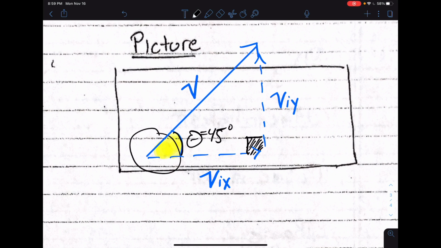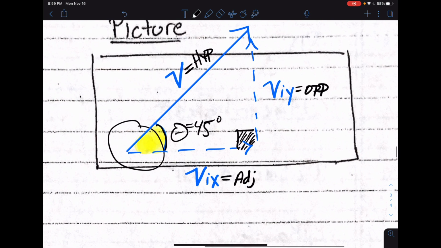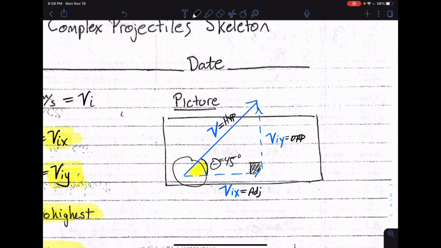Okay, and since it's a right triangle, we can go ahead and label, right? We want to solve for these. V is the hip, Viy is the opposite because it's across from theta, and Vix is what's left, so it's the adjacent, but it's also next to theta. Hip is across from 90. It's a good idea just to solve Vix and Viy.